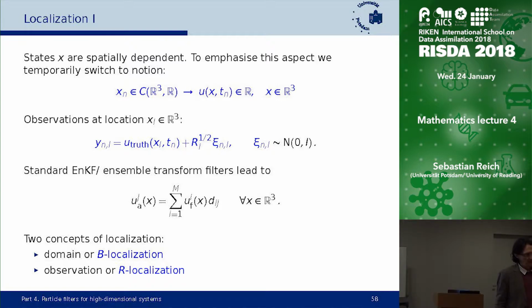And so normally we denote the position in the domain by X. So X is now the spatial location, T is time, and U is now the quantity, like a velocity field or vorticity field or whatever you're trying to estimate.